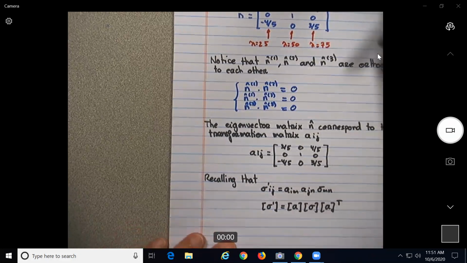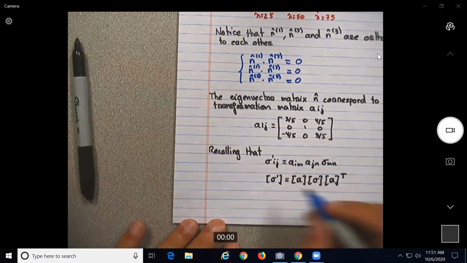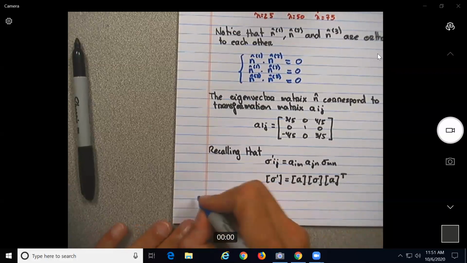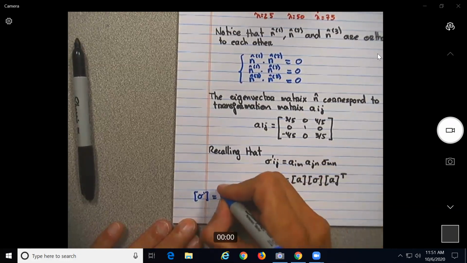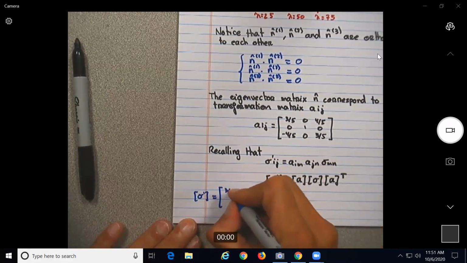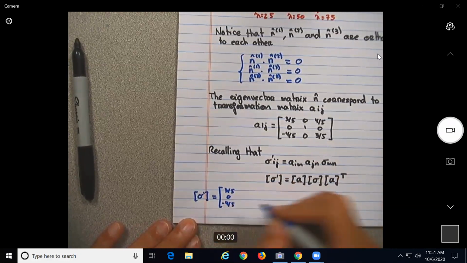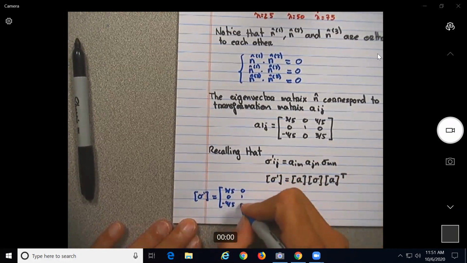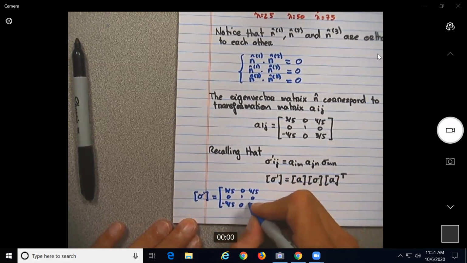Okay, so let's see if I have space to do it at the bottom here. So what are you expecting this to be equal to then? You're going to have sigma prime. What is A? A, we have it over here, so it is 3/5, 0, minus 4/5, 0, 1, 0, 4/5, 0, 3/5.